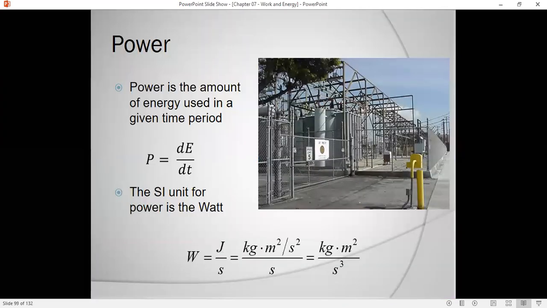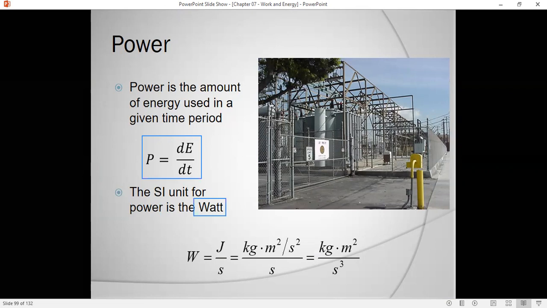All right, so once again, if we want our formal definition of what power is, this is the best equation we can give you. Power is equal to the rate at which energy is being transformed as a function of time.